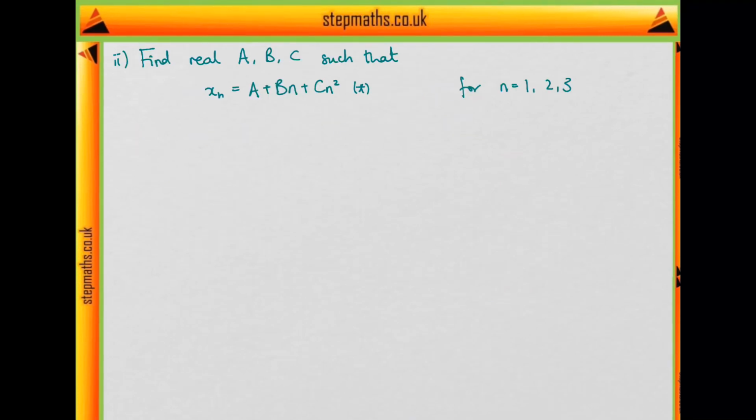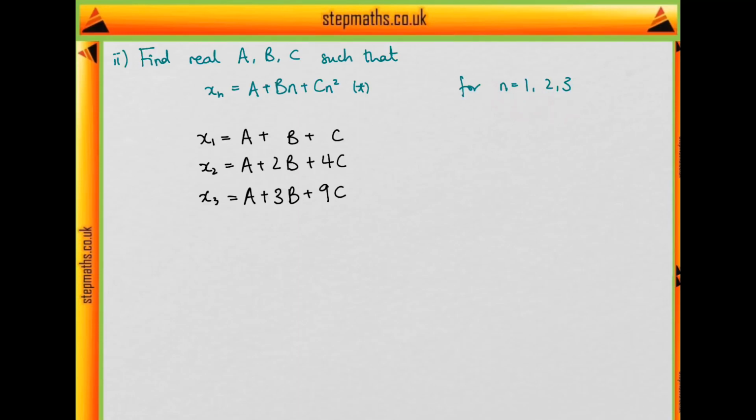Okay, for part 2, they want us to find real constants a, b, and c such that xn is equal to a plus bn plus cn squared, for n being 1, 2, or 3. If we're only interested in when n is 1, 2, or 3, then that gives us 3 equations for x1, x2, and x3. From before, we know that x1 is 1, x2 is 3, and x3 is equal to 6.